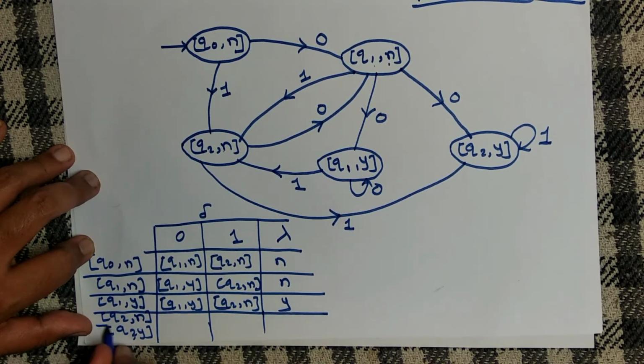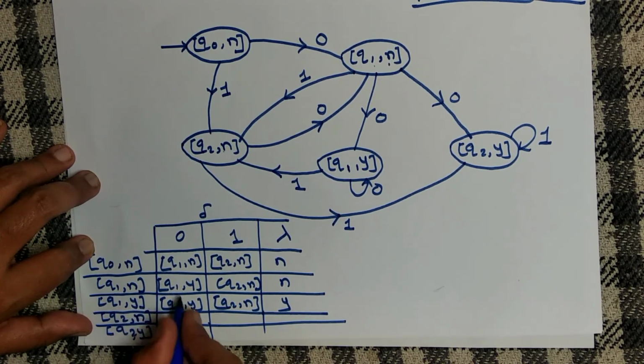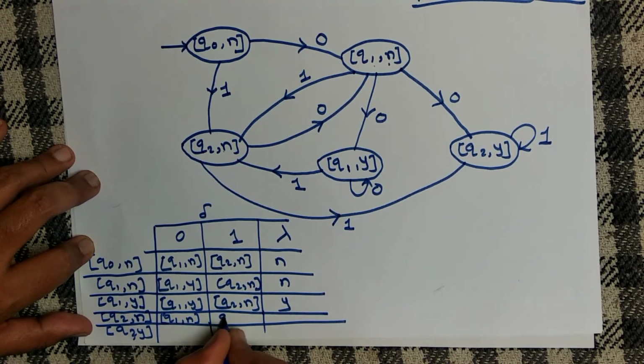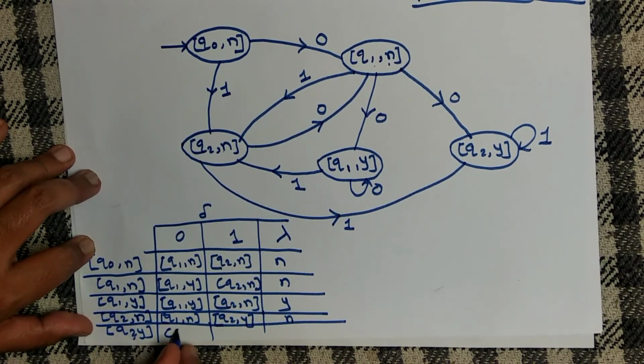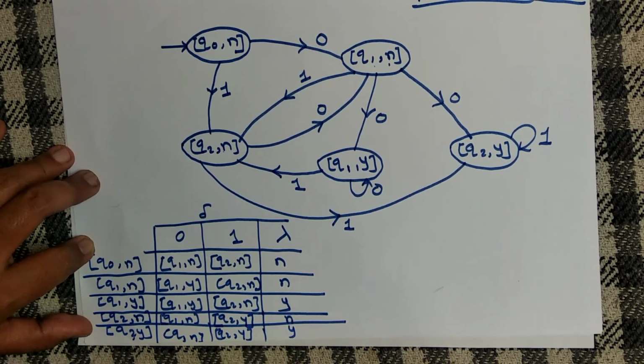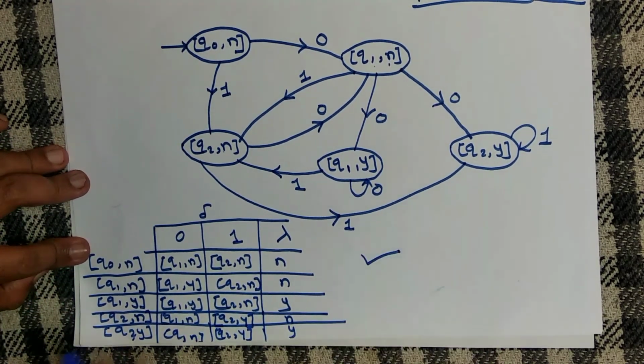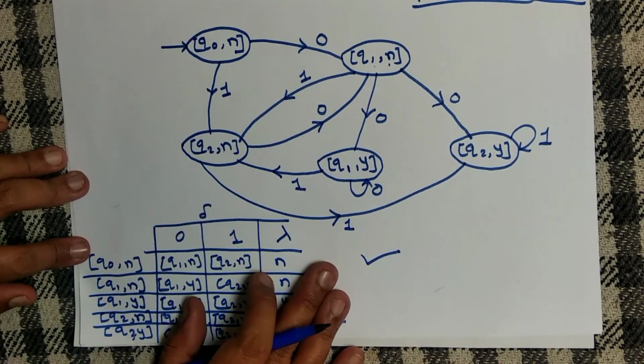Only 2 states are remaining: Q1 and Q2y. Q1 and Q2y gives the output as y. So this is the final table for the converted Moore machine.